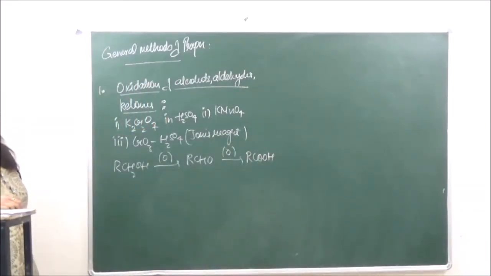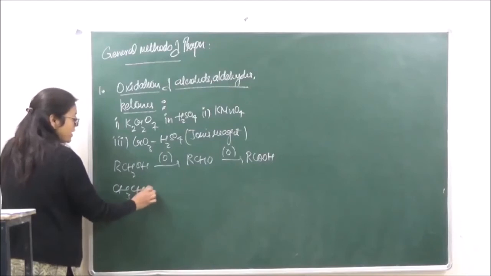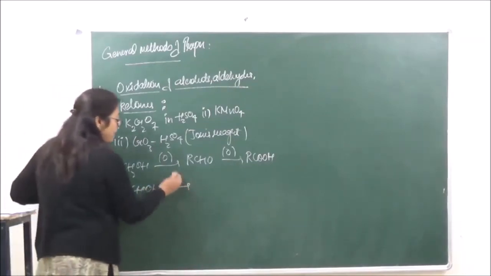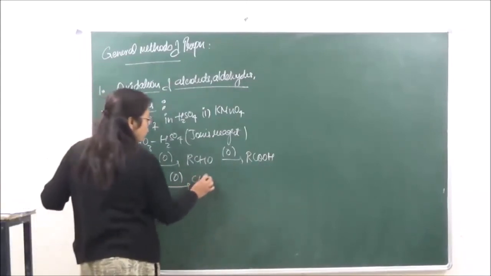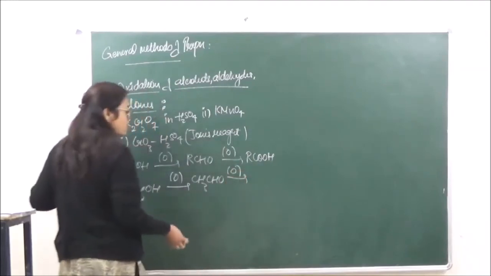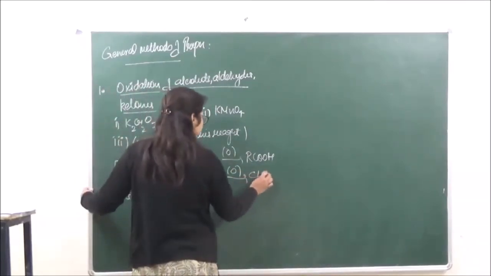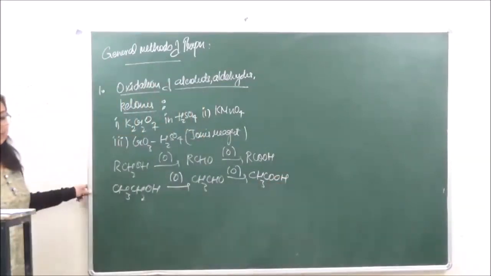Let's take an example. We are taking CH3CH2OH, which is ethyl alcohol, in presence of any of the oxidizing agents. This is going to first give us CH3CHO, and oxidation of this is going to give us the respective acid, which is ethanoic acid. Right?